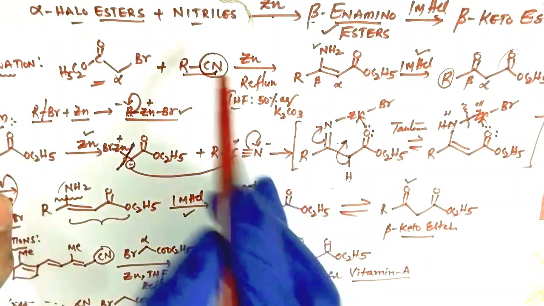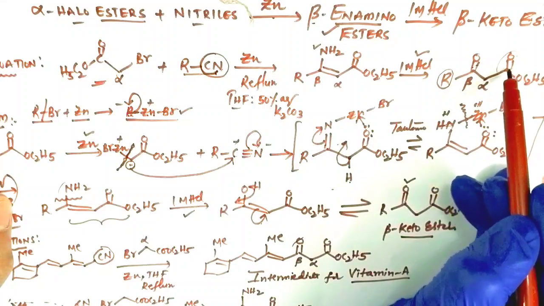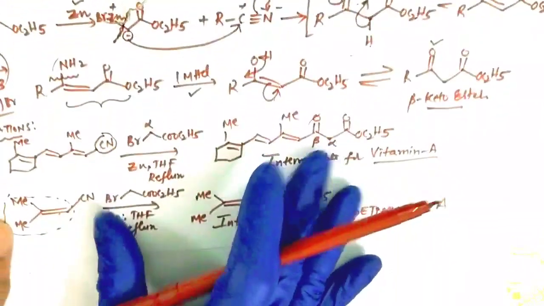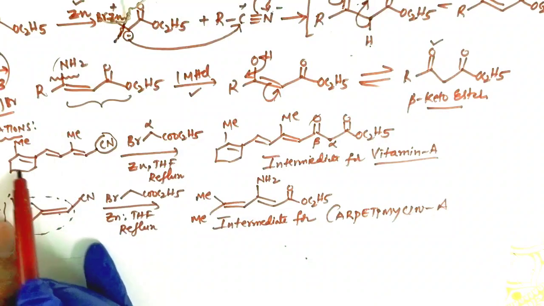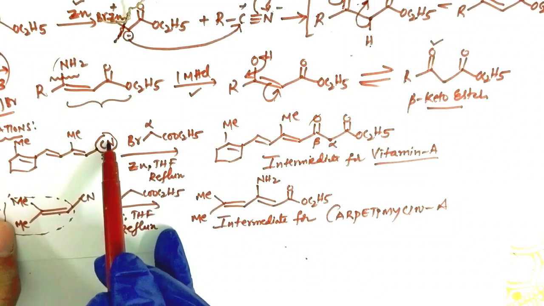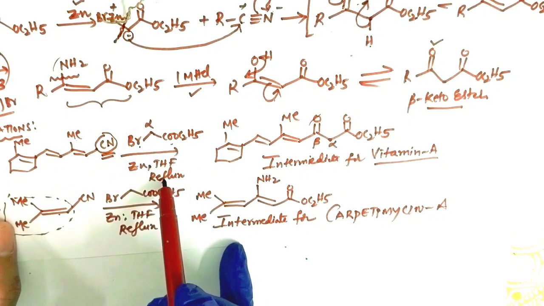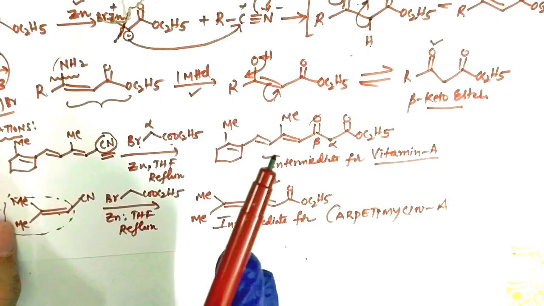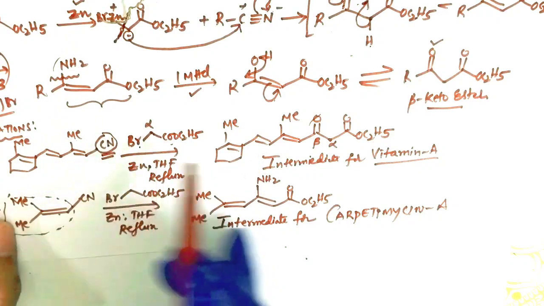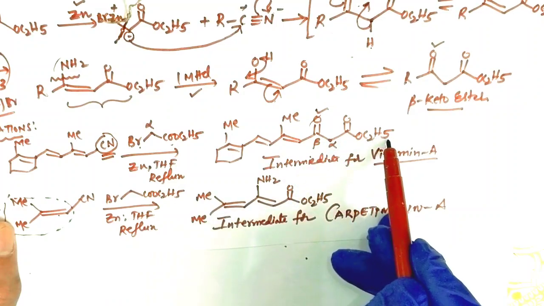The CN is replaced with C double bond O, CH2, C double bond O, OC2H5. See this. Here we have a moiety represented as R and CN, Br, CH2, COOC2H5, Zn and THF reflux followed by workup. What happens? The CN will be replaced with C double bond O, CH2, C double bond O, OC2H5.